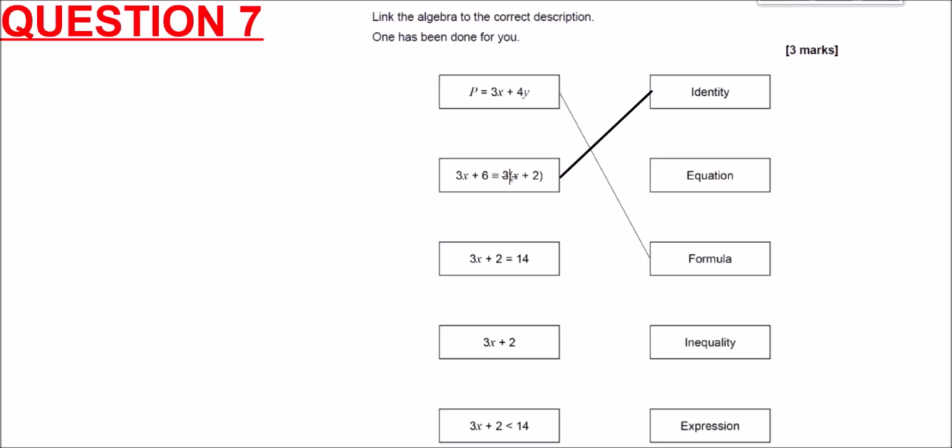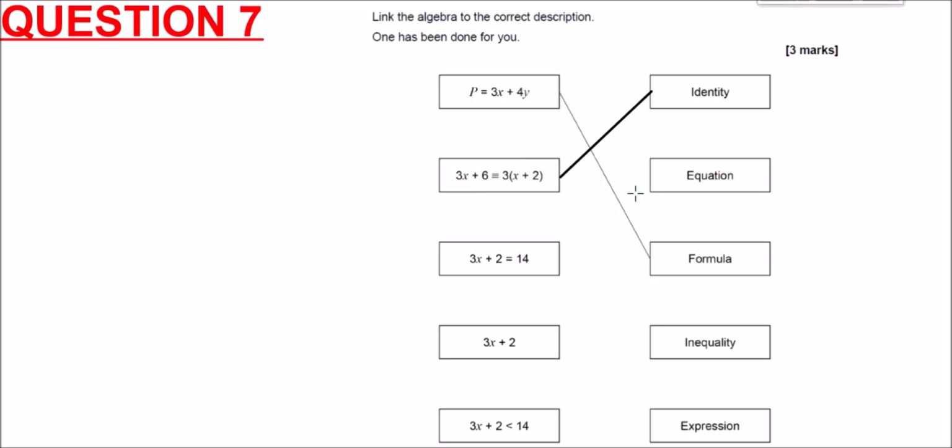That's the symbol for an identity. An identity means the left-hand side is always exactly the same as the right-hand side. With an equation, the left side might be the same as the right side if the value of x, y, or whatever is correct, but an identity is just saying that one side is exactly the same thing as the other, always.